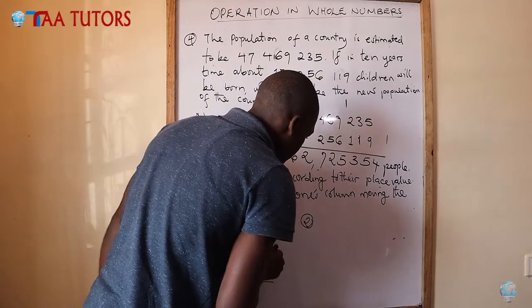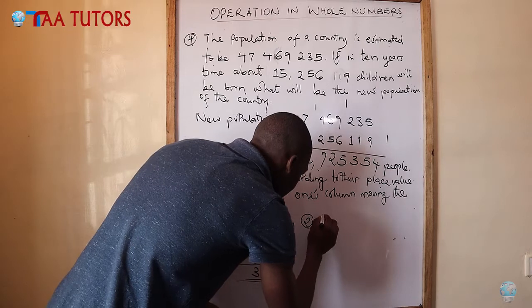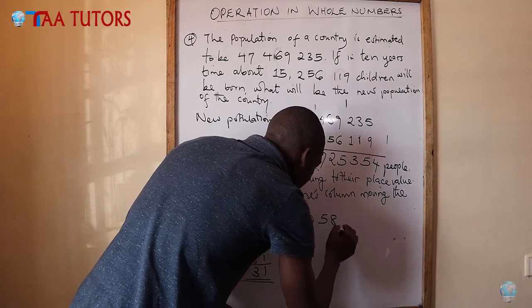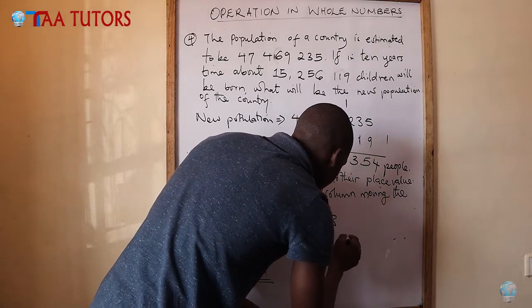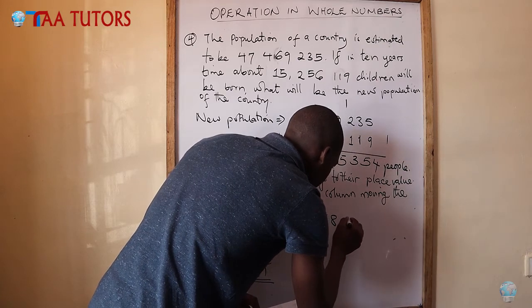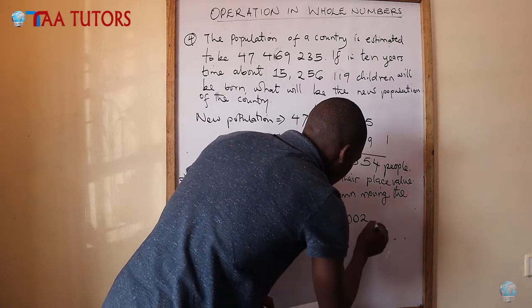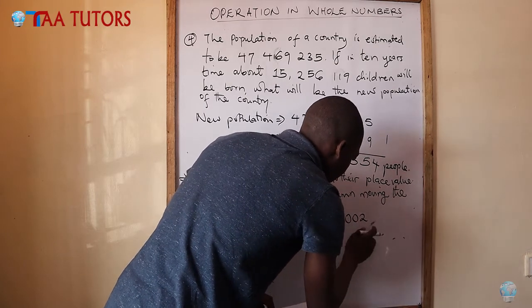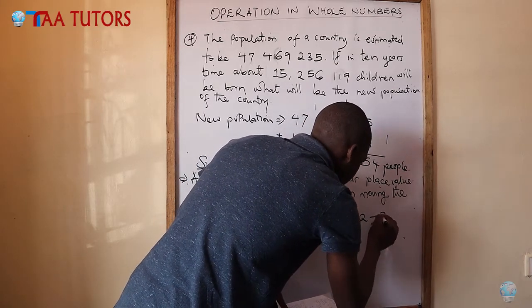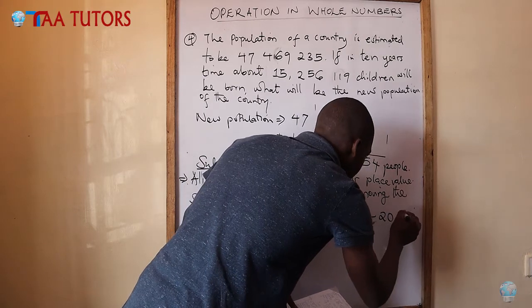To example 2, we have 58,002 minus 20,178.